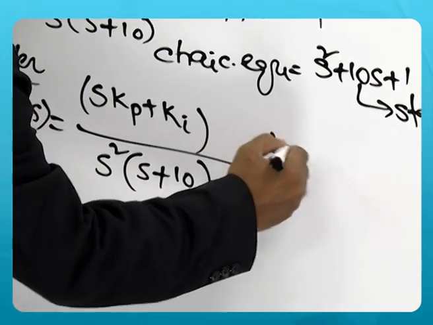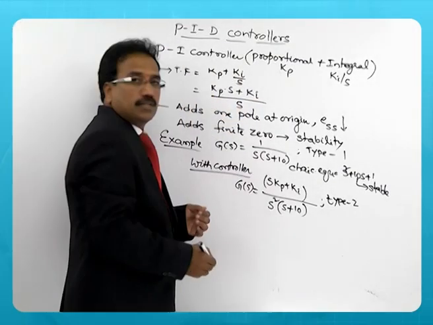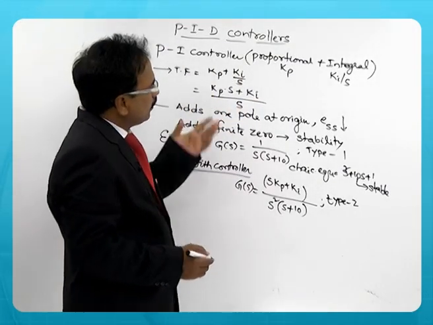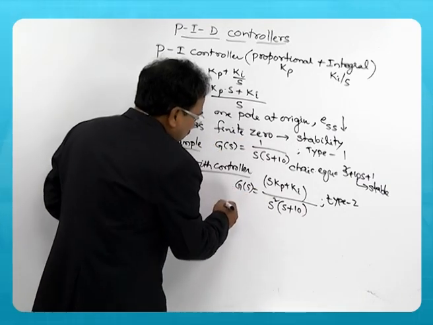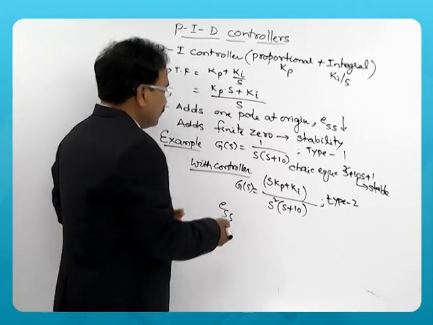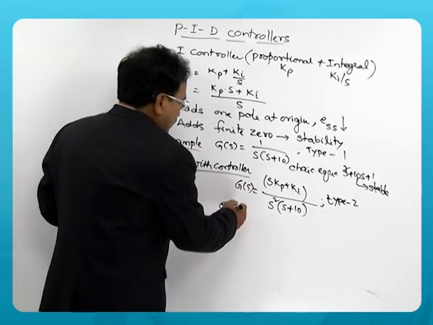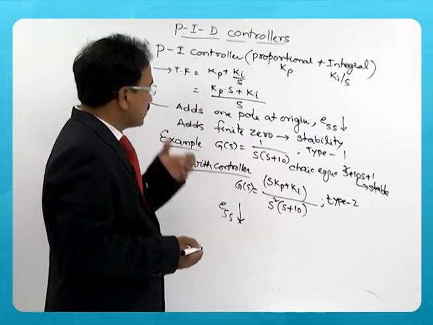So the type of the system is increased to 2. Type 1 system has become type 2. Steady state error is directly proportional to the type number. So when type increases, the steady state error is improved, meaning steady state error is decreased.